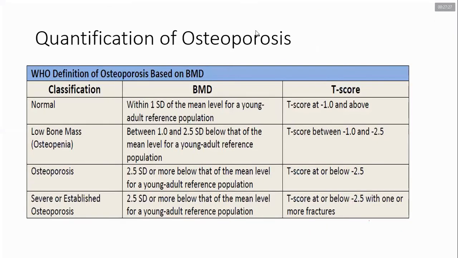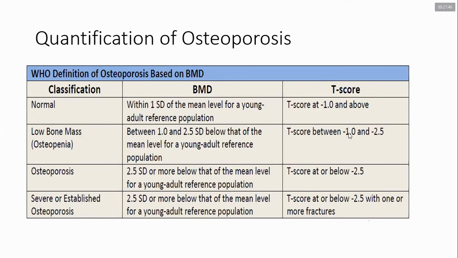Not really necessary to know. But you need to memorize this chart actually. Just have a look at this. If a person is normal, the T-score should be between -1 and 0.